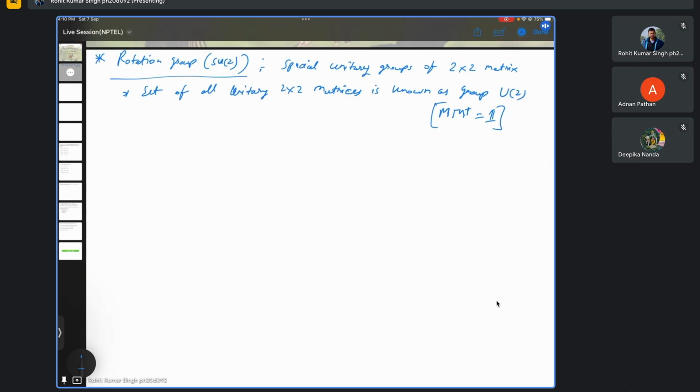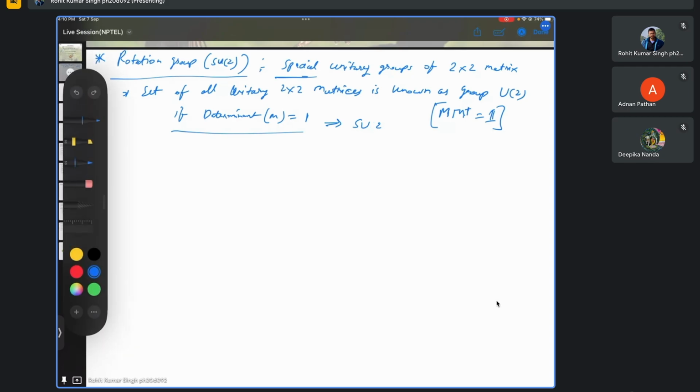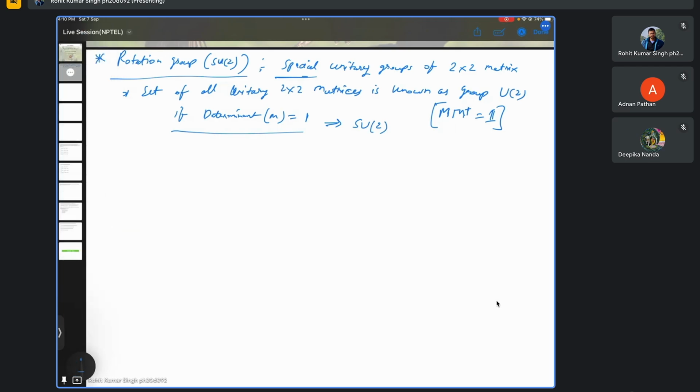So this is unitarity. And what does special mean? If the determinant of all the matrices is equal to 1, then this group becomes SU2. Is it clear what the SU2 group is?